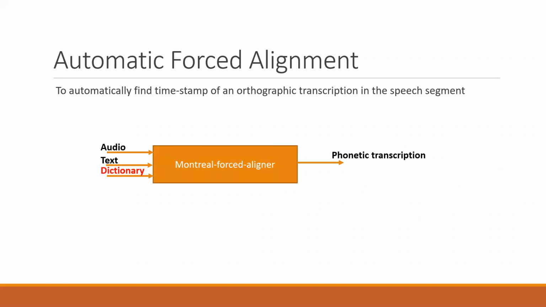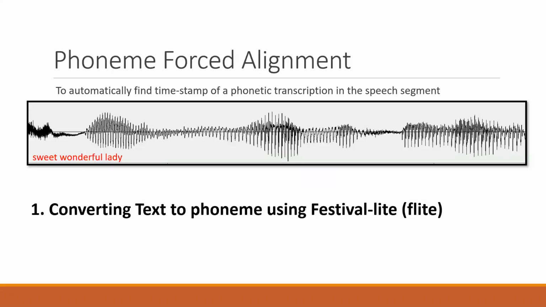From the original dataset, we get just the audio and text information. We don't have a dictionary, so we have to build one. What we need to do is convert the text to phonemes.